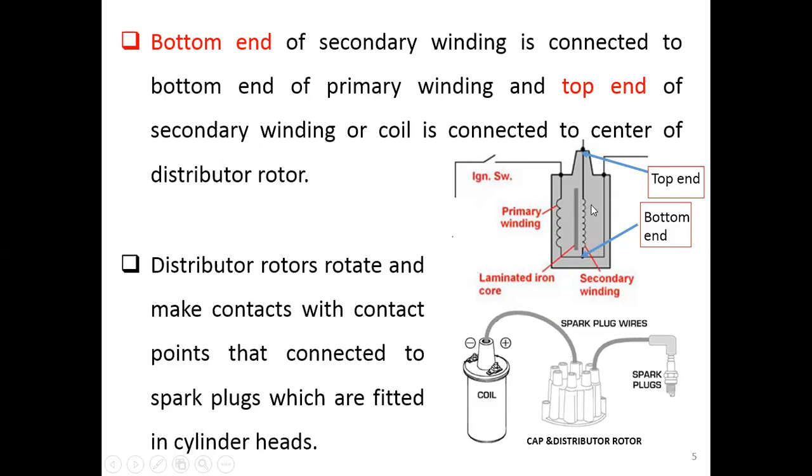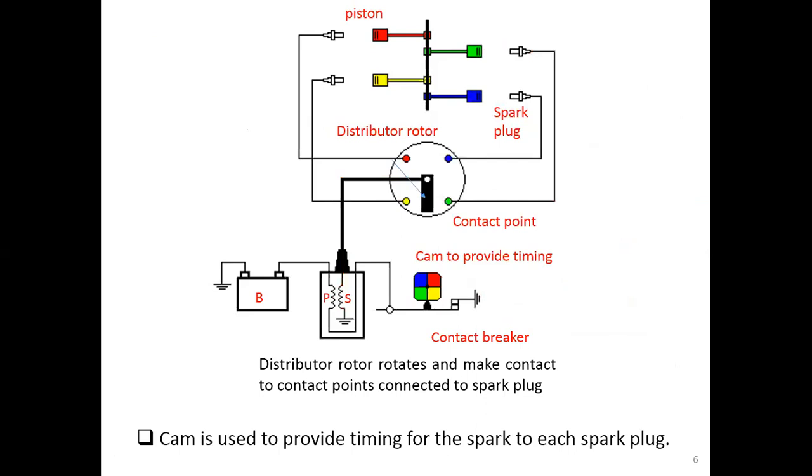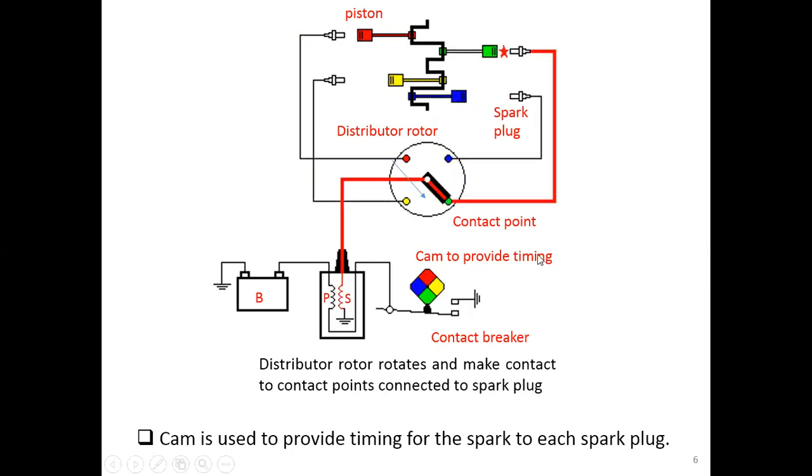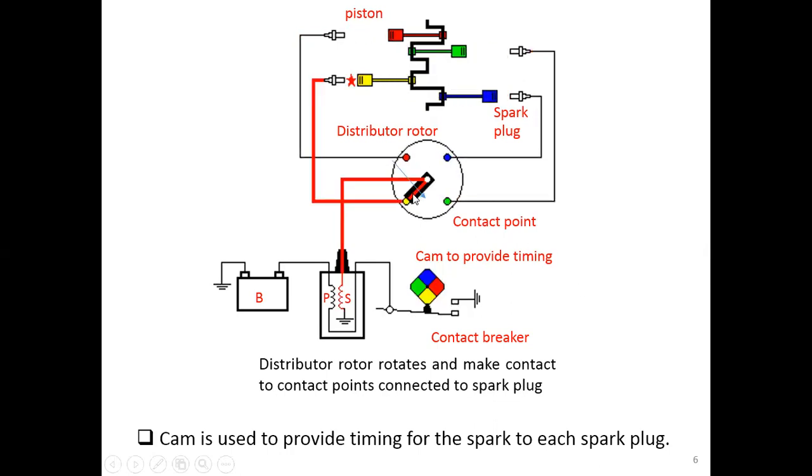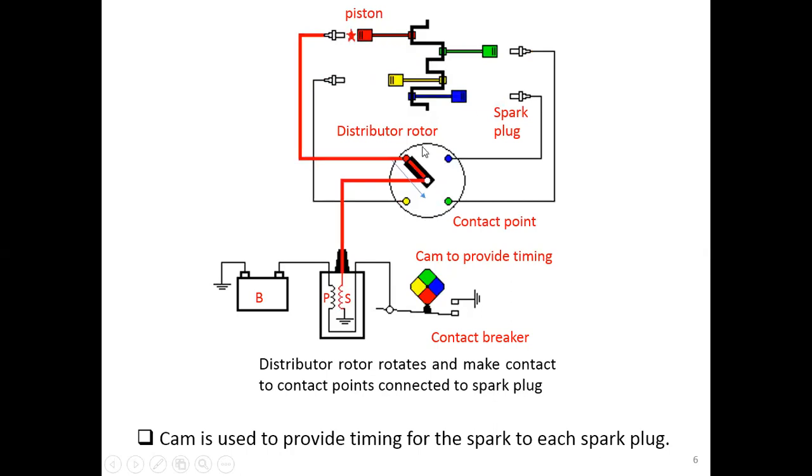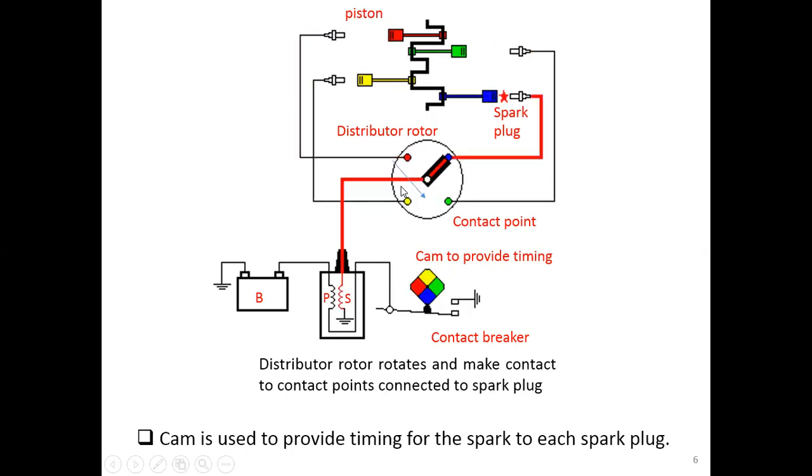Since the secondary winding has many more turns than the primary winding, you can expect that in the secondary winding the voltage is much higher. This shows you the rotor inside the distributor cap.